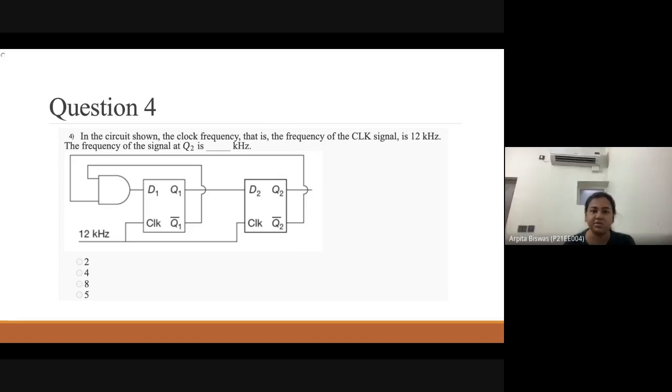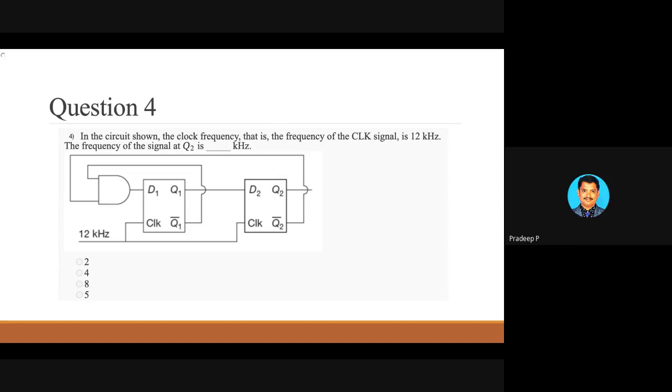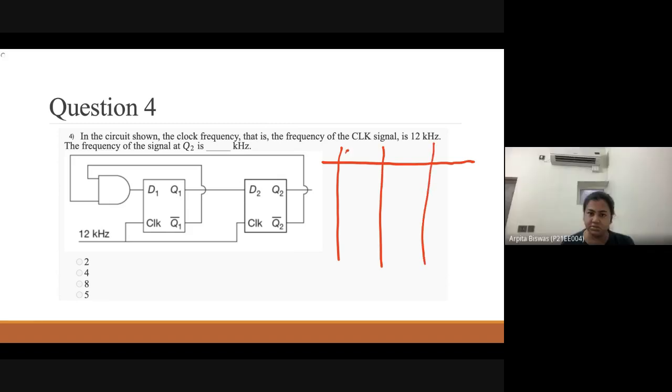Okay, let's calculate it. This is Q1, Q2, this is D1, D2.